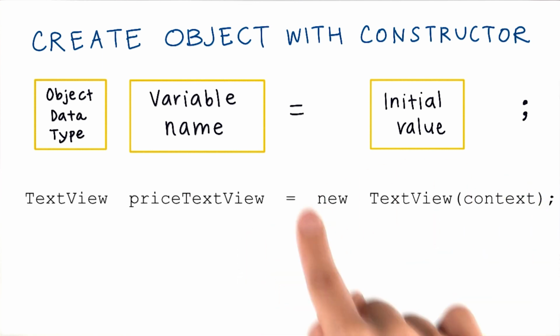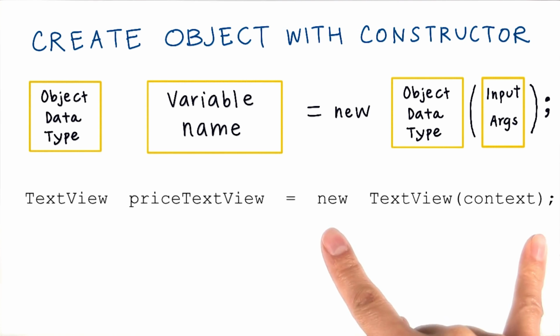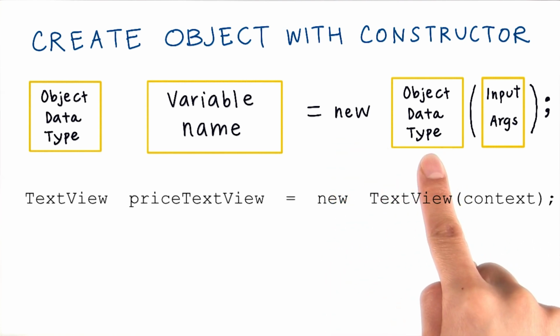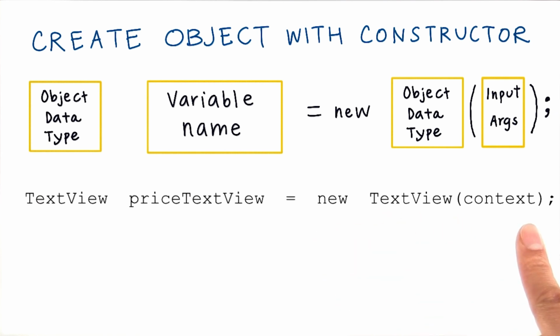Then we set it equal to new object, but we can break down this right-hand side further. The right-hand side follows the format of new followed by the object data type, which is TextView in this case. This is calling the constructor defined in the TextView class. So we have parentheses with the input arguments to the constructor. If the constructor requires a context object, then we need to pass a context here.